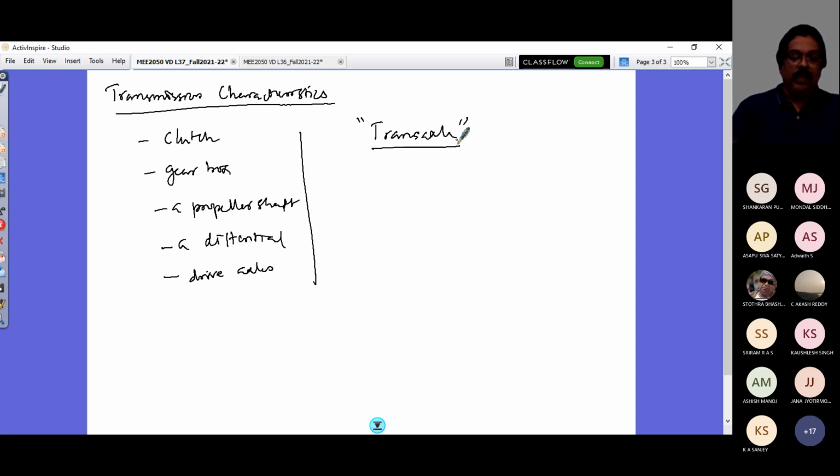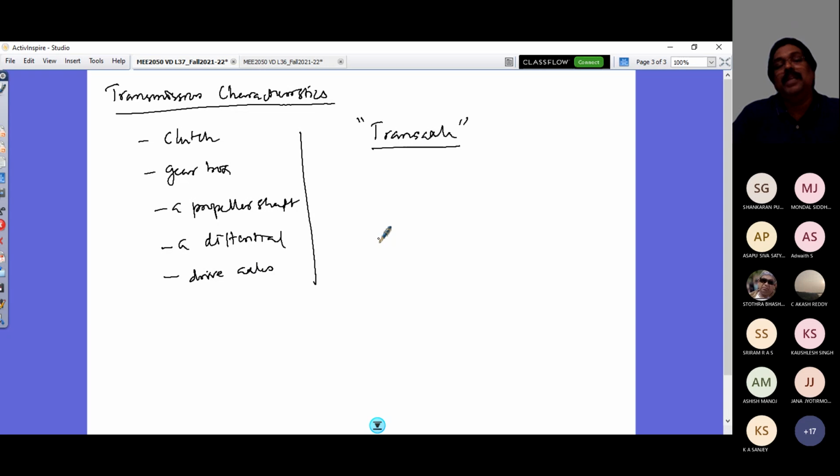So you see that we also have direct drive propulsion system. What do you mean by direct drive propulsion system? You cannot have an engine directly coupled to your wheels. Direct drive, that's not possible. That's where your transmission system is there.